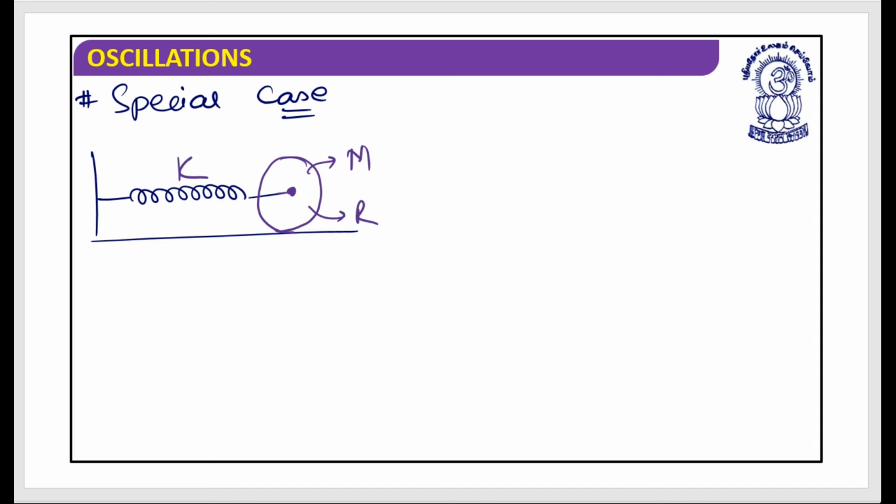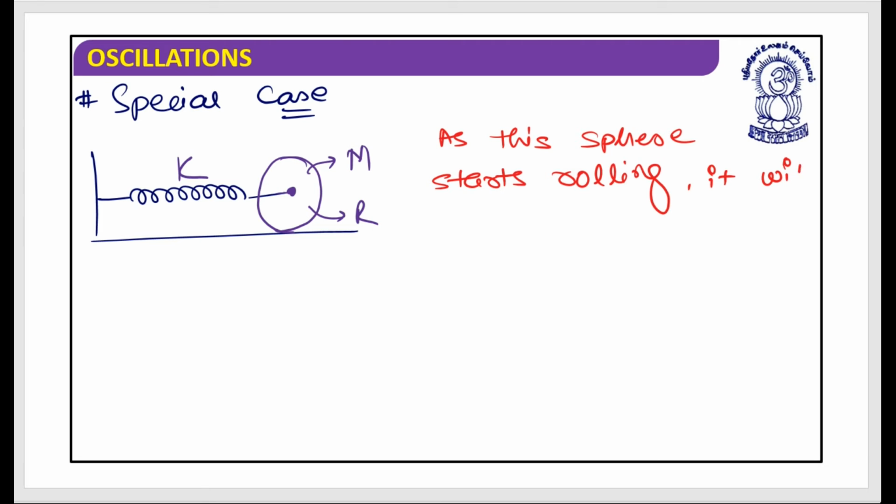As the sphere starts rolling, it is rotational plus translational, and it will perform SHM of lower amplitudes.